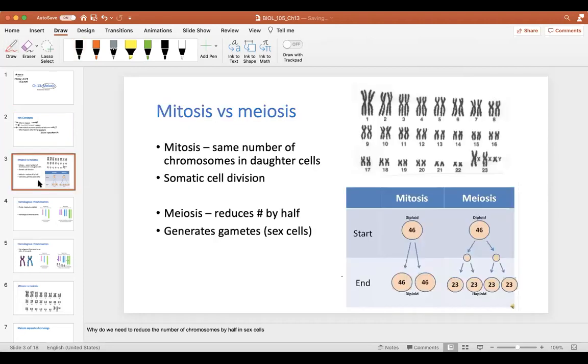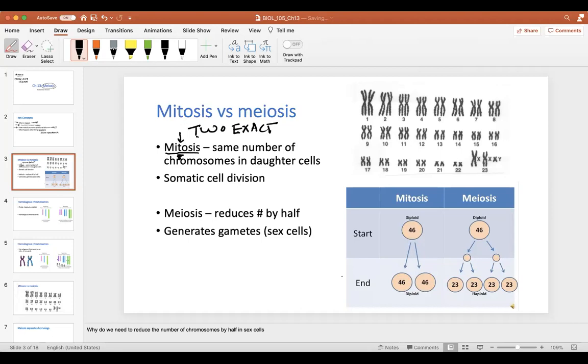So in thinking about mitosis versus meiosis, I want us to think about why we even need two different processes. So let's back up for a second and remember what mitosis with a T accomplishes. Well, mitosis makes two exact copies of a cell, okay?